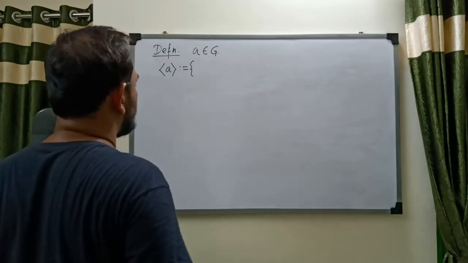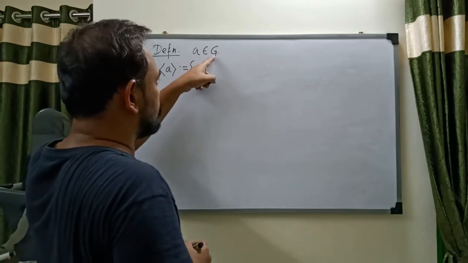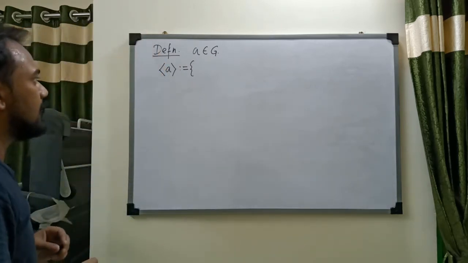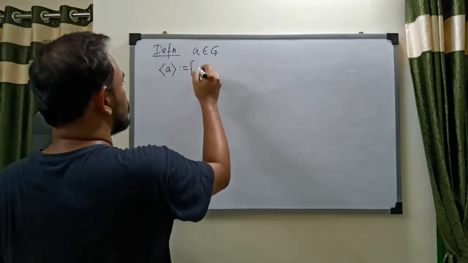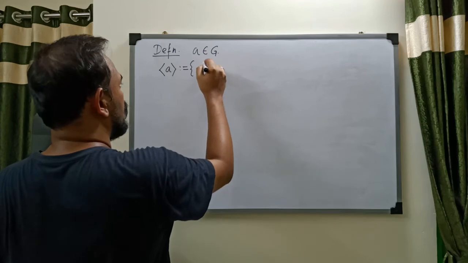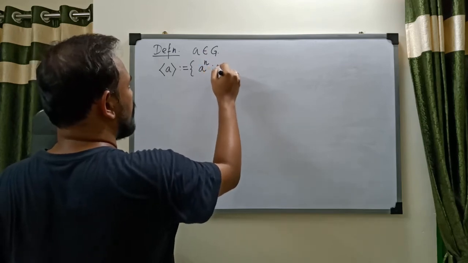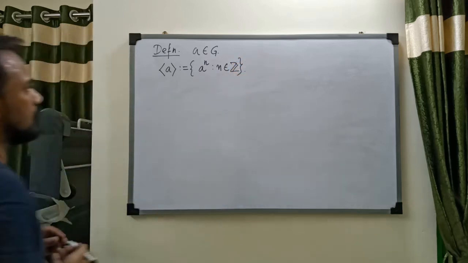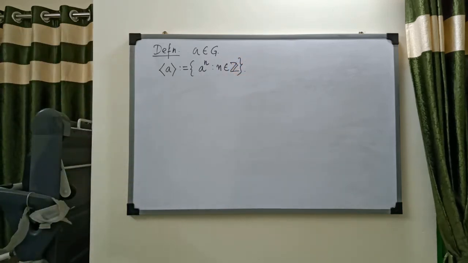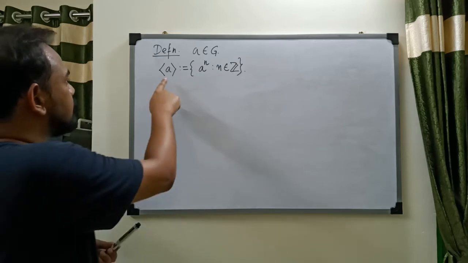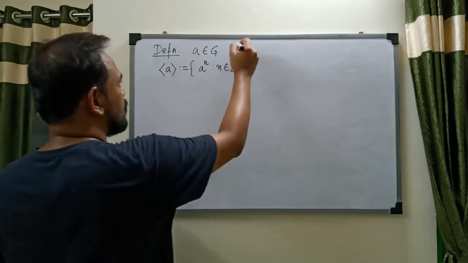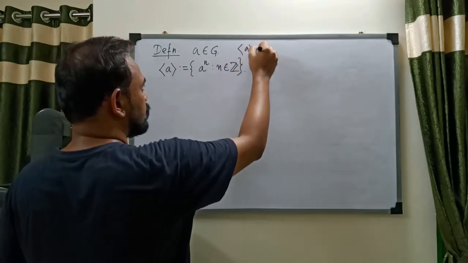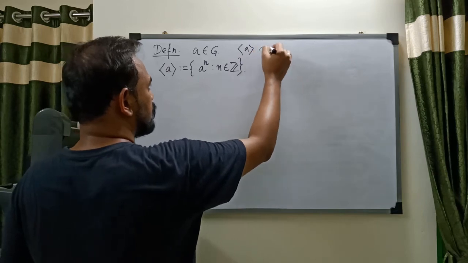What it means is that I'm defining a subset of G here. It is a to the power n, where n is some integer. So I'm defining this to be a subset of G.